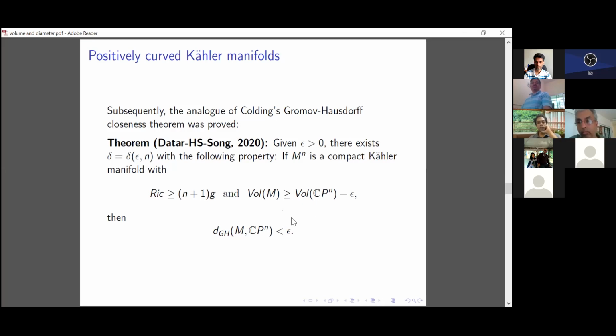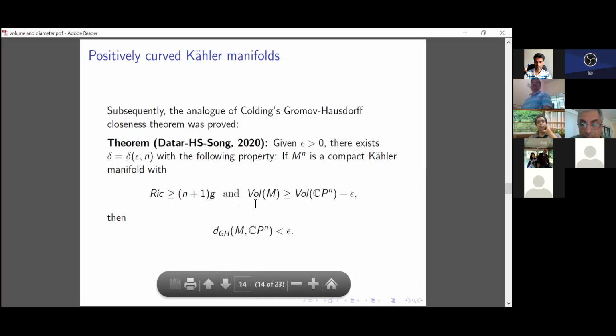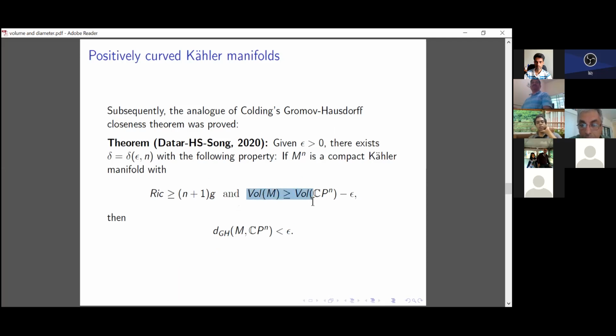So we also need this rigidity, I guess, so that the second Betti number is basically 1, right? Yes, that's what I said. Right at this stage, the Liu stability theorem will imply that M is already biholomorphic to CP^N. So the second Betti number will be 1.